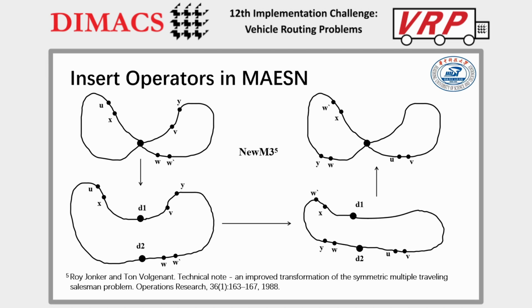This process is executed by changing the connection of the associated cities. And this process can be understood by first transforming the MTSP to the TSP, then performing the insert operator, and finally transforming the TSP back to MTSP. Such a technique is also used in the famous solver LKH3.